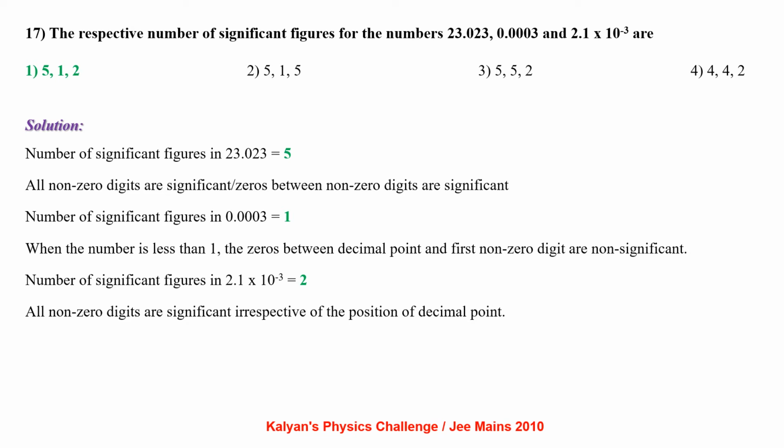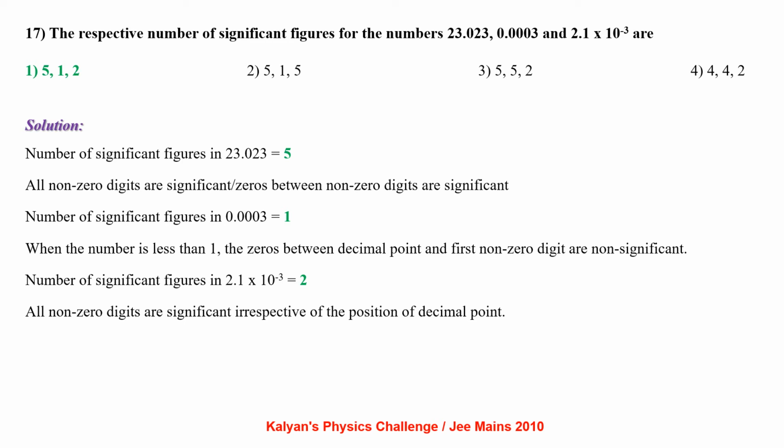Coming to the problem now, it is 23.023. The number of significant figures is 5. That is according to the rule, all non-zero digits are significant and any zeros existing between non-zero digits are also taken to be significant irrespective of position of decimal point.